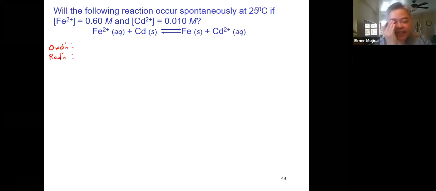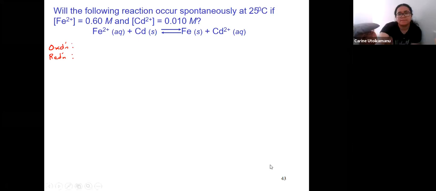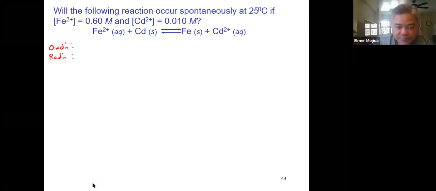So which is oxidized? Fe or Cd? Anyone? Cd. Okay, so the one that is oxidized is Cd.